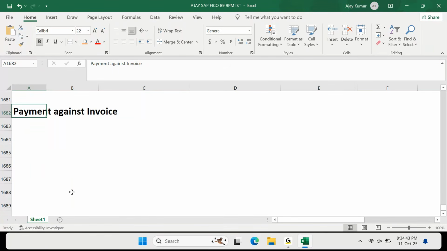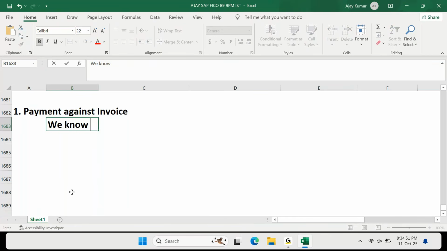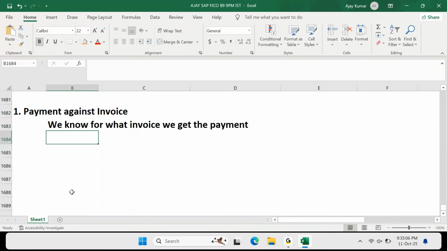Payment against invoice means we know for what invoice we get the payment. For what invoice you're getting the payment, you know.